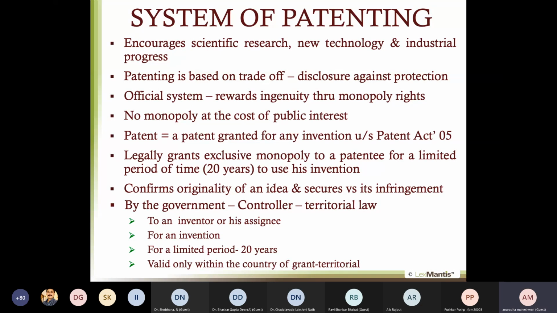I hope you have paid attention to what I've said. You get the patent, you can exercise the rights under that patent only in India. You cannot exercise the rights under that patent in another country. Does anyone want to ask me any question here?